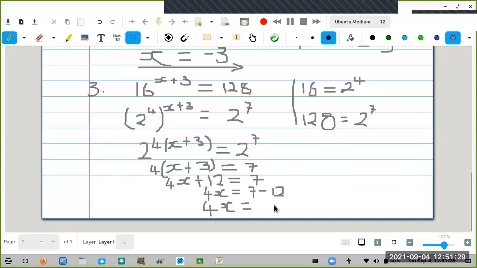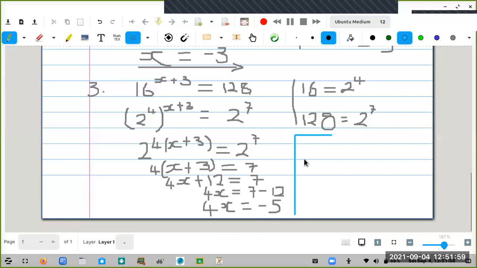It gives us minus 5. Right, allow me to make use of this space on the right-hand side. So it now means that 4x is equal to negative 5.